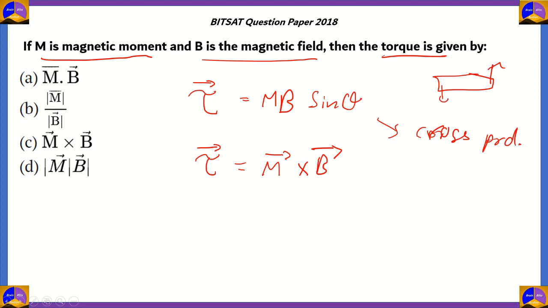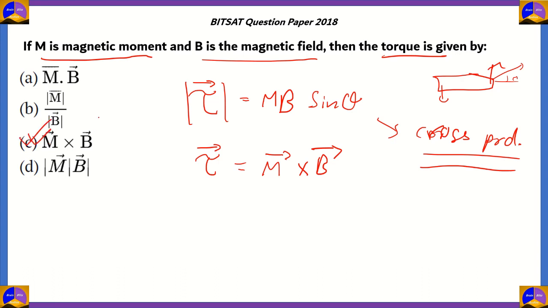Over here, the important thing to note is that the magnitude of torque is MB sin θ, because the couple is acting, and it has a perpendicular component. The angle created with the magnetic field forces it to act perpendicularly, and therefore the torque's magnitude is MB sin θ. Sin θ comes in a product of two vectors when the product is a cross product, so the torque is M cross B. Therefore option C is the correct option.